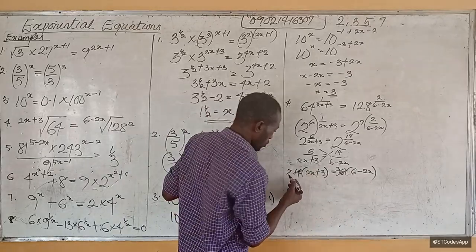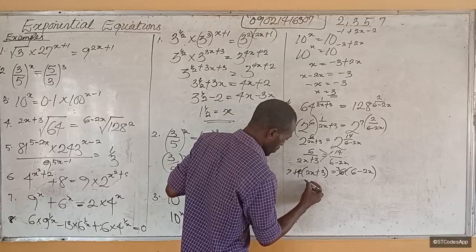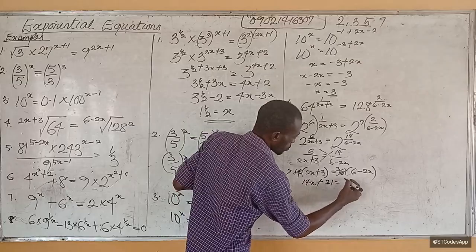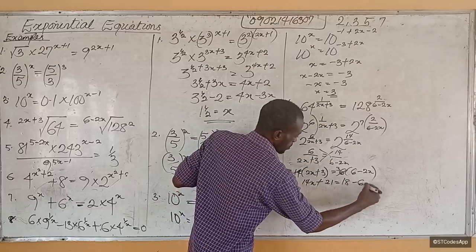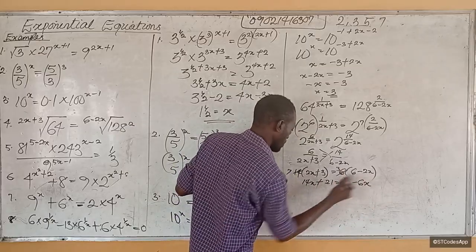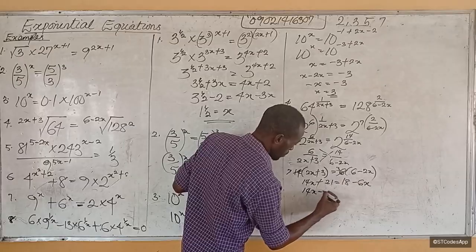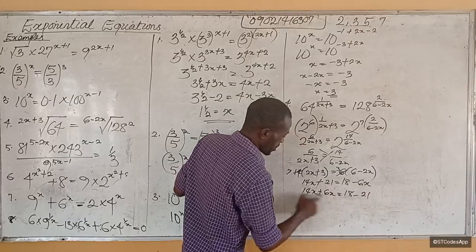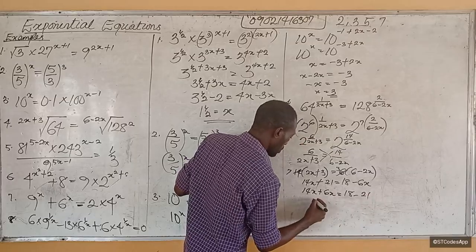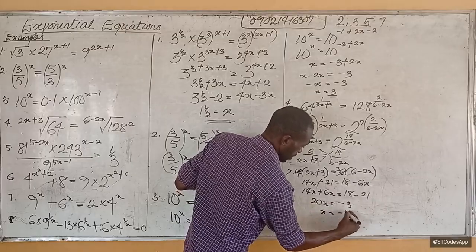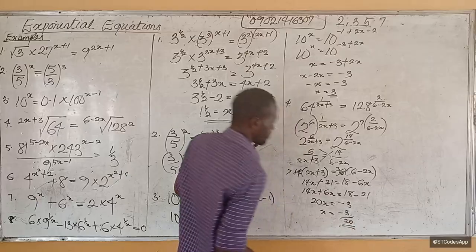So 7 will now open the bracket, becomes 14x plus 21 is equal to 18 minus 6x. Bring this one here and take that one there. Becomes 14x plus 6x is equal to 18 minus 21. This plus this gives us 20x is equal to this minus this, minus 3. X equals minus 3 over 20.